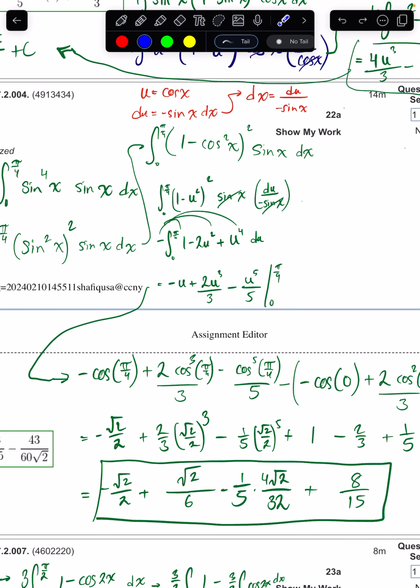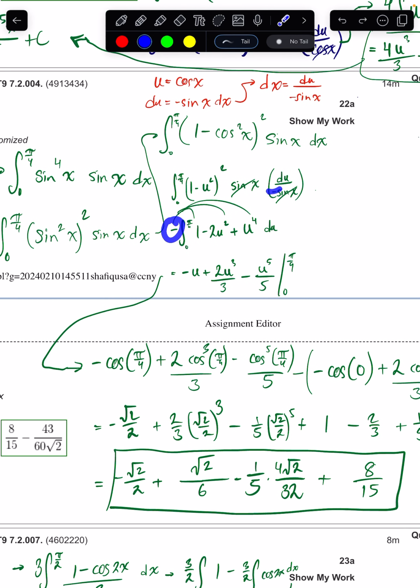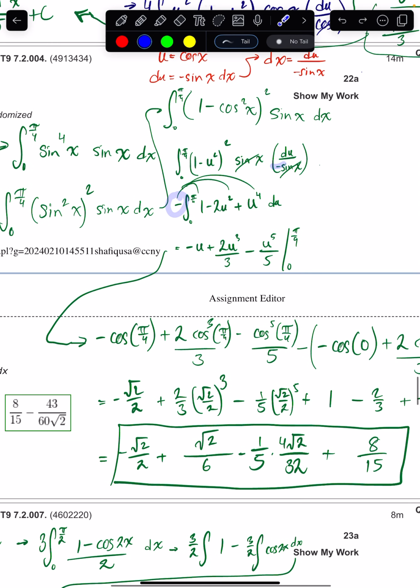Substitute cosine for u, and then substitute dx for du. Our dx becomes du over negative sine x, once you isolate dx. You're able to cross out this sine x, but you're left with a negative, so bring that out on the outside. Then you should be left with 1 minus u squared to the second power.